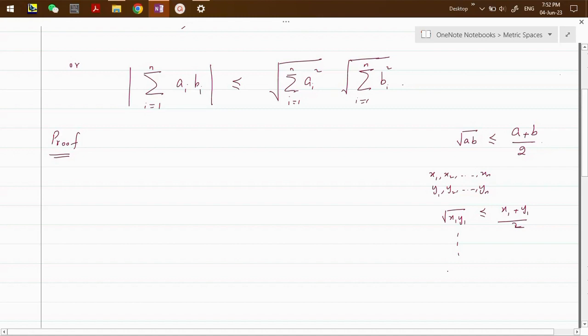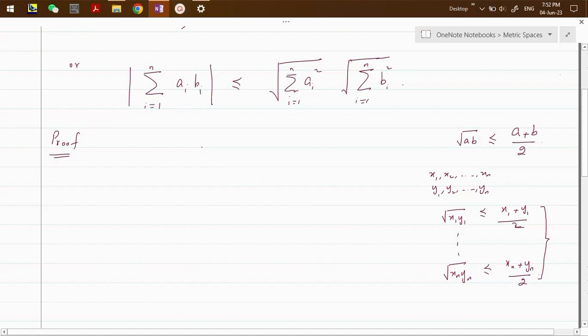For xn and yn we have root of xn yn less than or equal to xn plus yn over 2. So these are n inequalities.